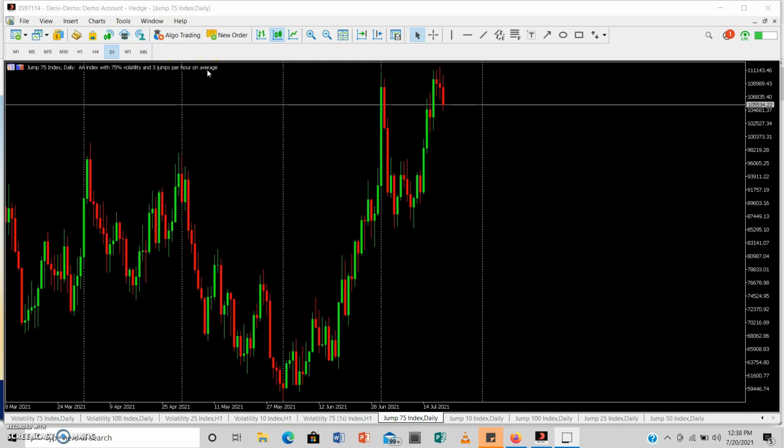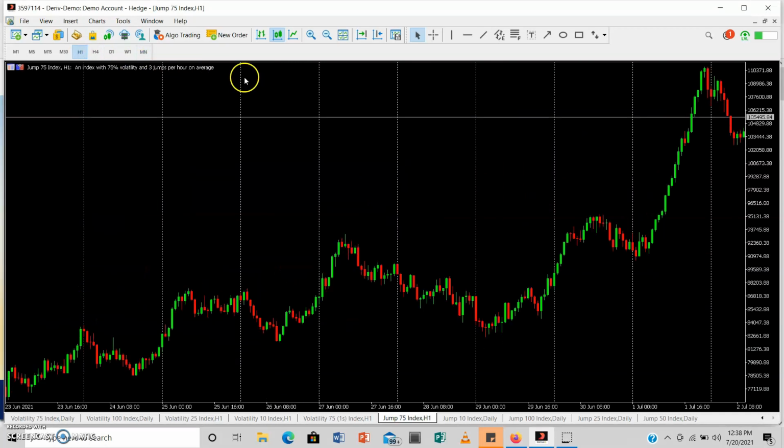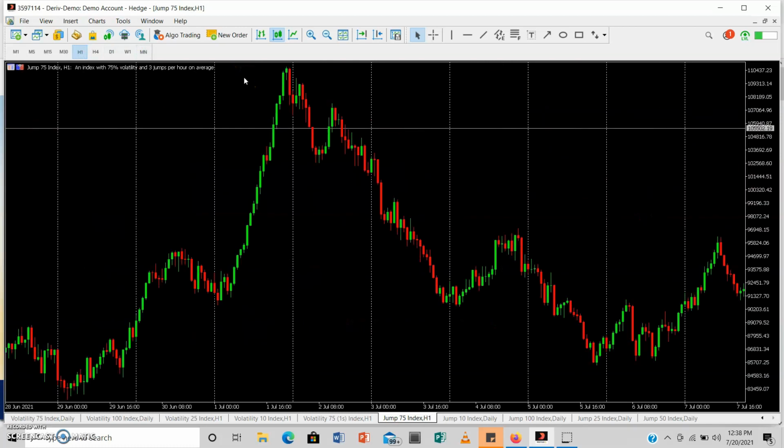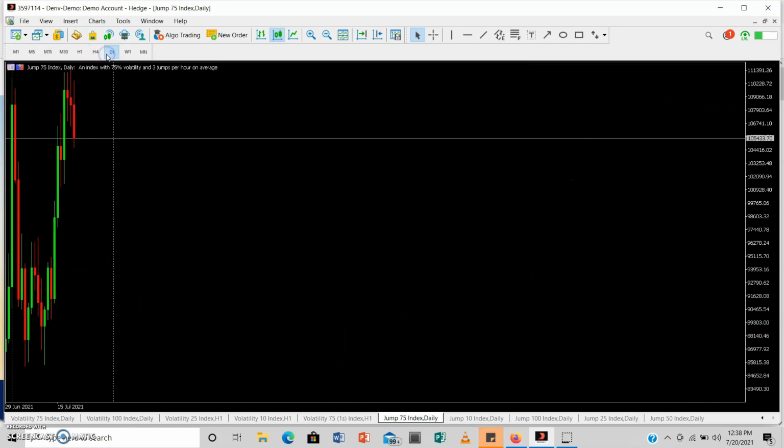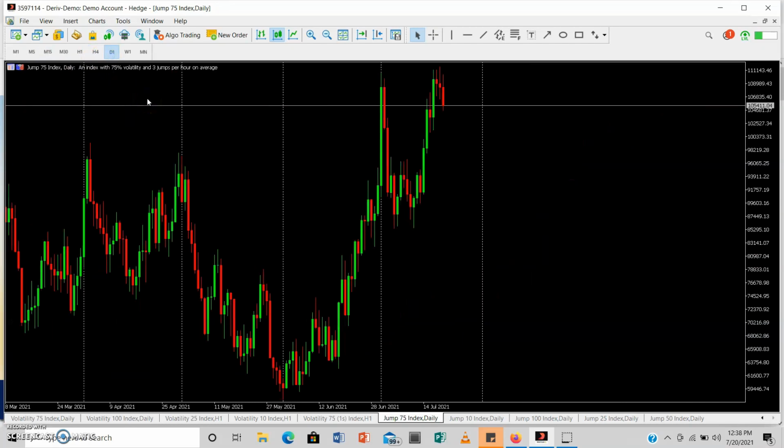If you go to a 1 hour time frame, you will be able to see those 3 jumps, or if you go to a 15-minute time frame, you will be able to see those jumps occurring. Indices are basically a collection of certain commodities or companies that are framed to measure their volatility.